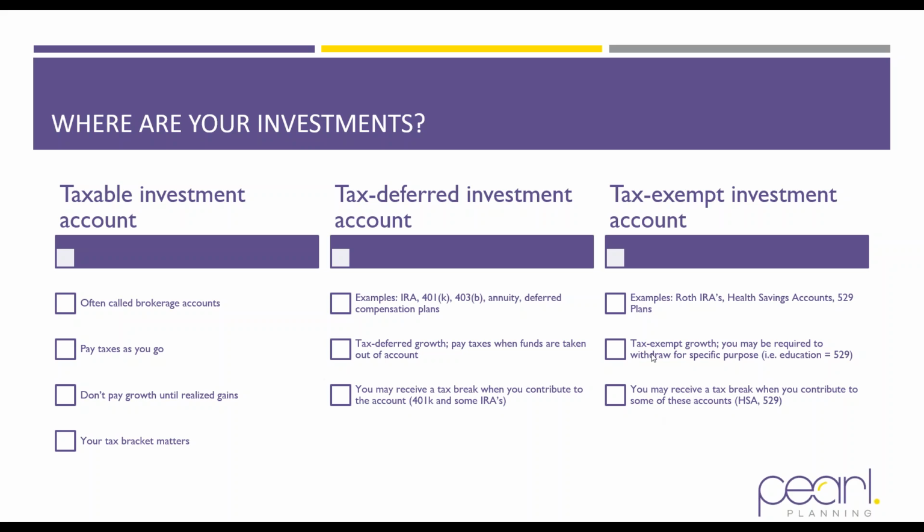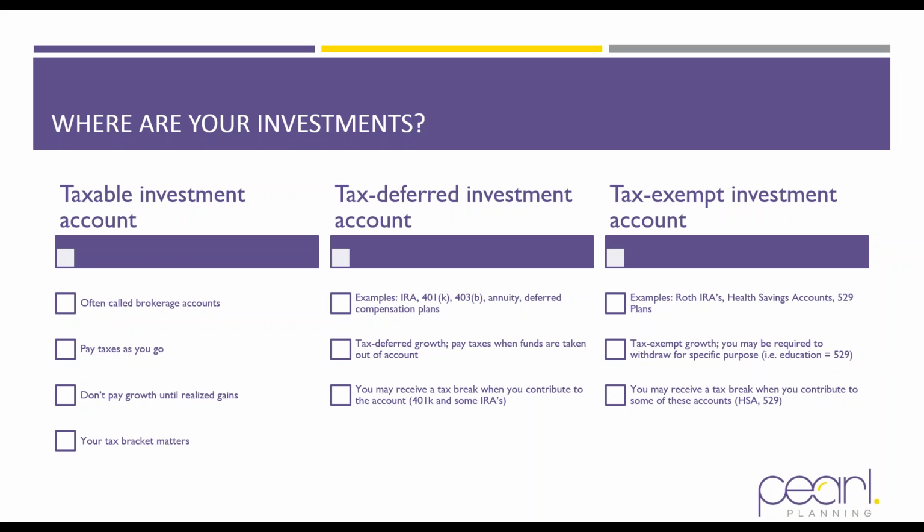So you get growth within these accounts that are similar to the tax deferred accounts. You don't get a tax bill from year to year when the investments grow. The tax decision is made when investments are withdrawn from these vehicles. There are different rules for each of these vehicles in terms of taxability, but you may not have to pay taxes when you access the funds in these types of accounts.